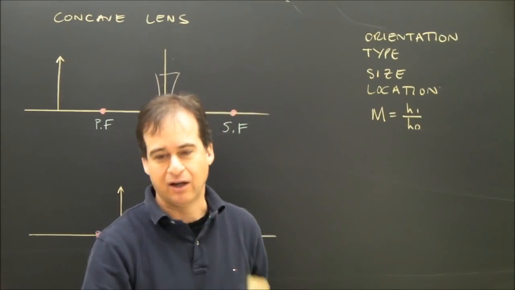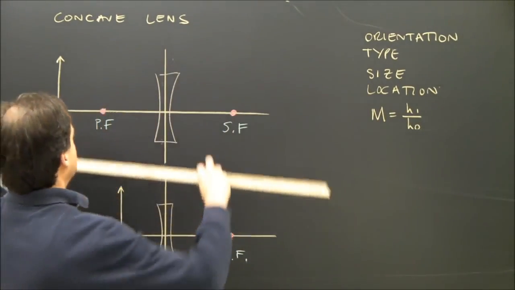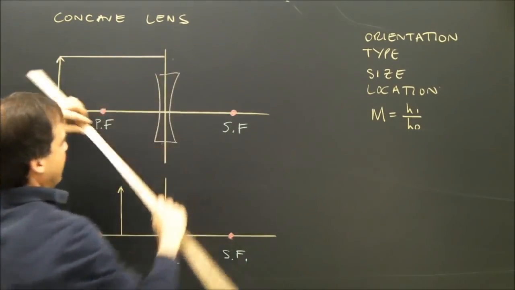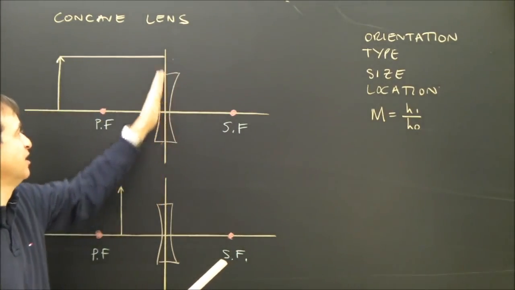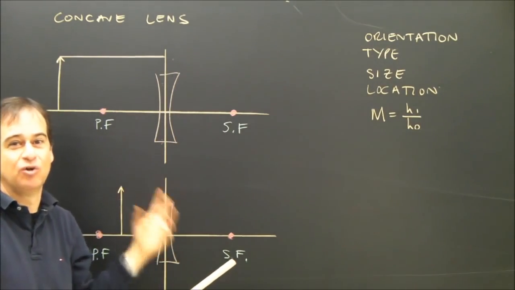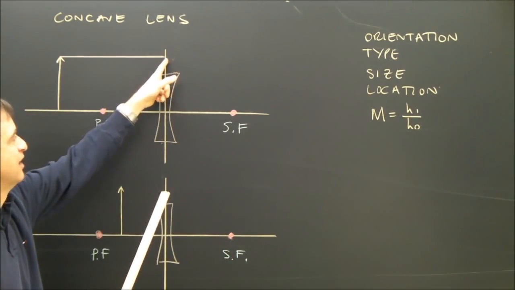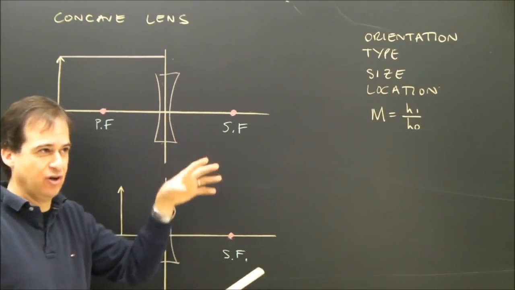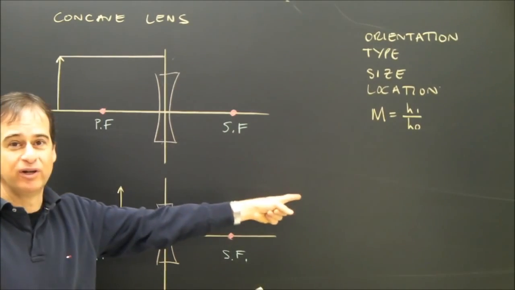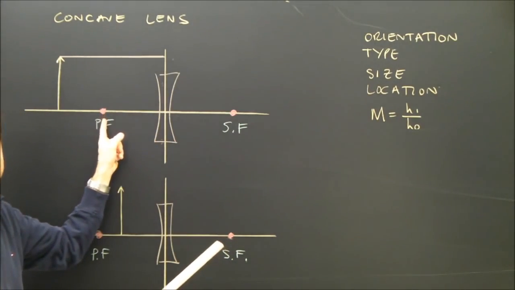We had a parallel ray. A parallel ray hits the lens. Keep in mind, this line represents the lens. This actual picture of a lens is there just so you know what kind of lens it is. So it hits the lens, and in the rules it said for a convex lens that a parallel ray goes through the primary focus. But the primary focus is on this side.